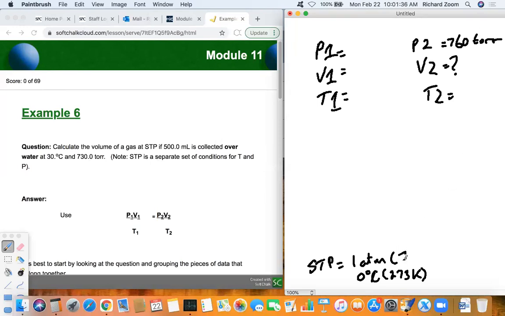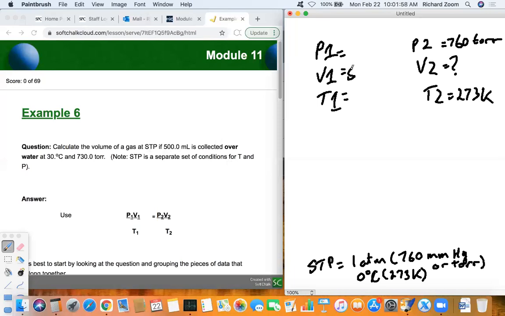So 1 atmosphere is 760 millimeters of mercury, or torr. And the T2 here is 273 K. So you can see now the importance of the word at. Volume at STP, that's what we're looking for.